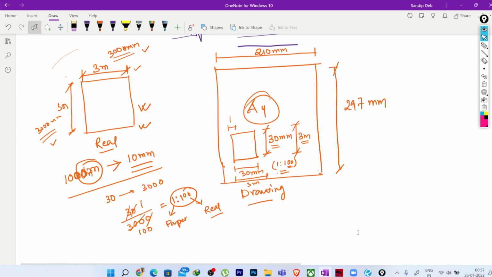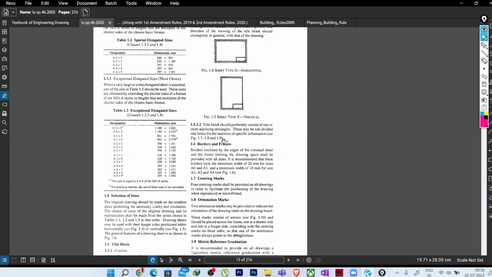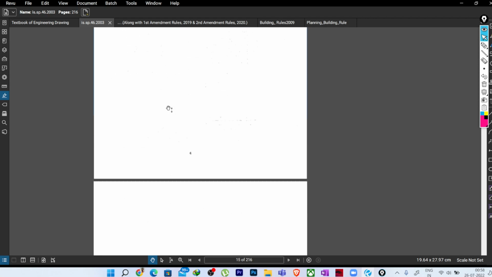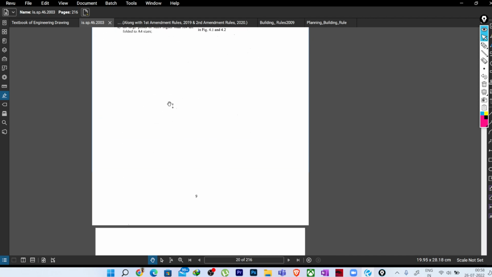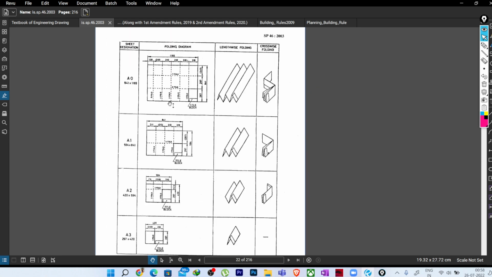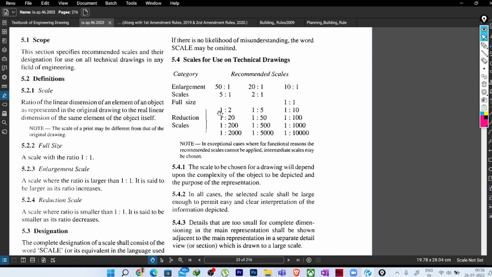Now if you go to code SP 46, here you can see the scale factors. There are some standard scale factors used in most cases. As I have said, there is expansion and reduction.